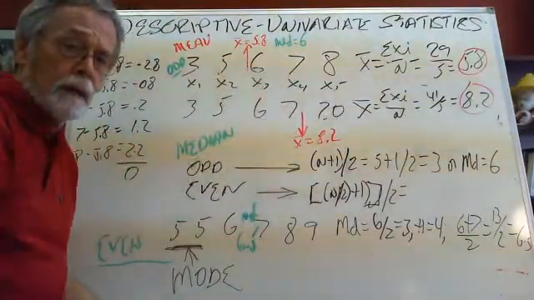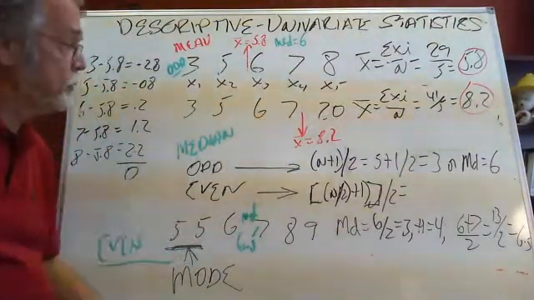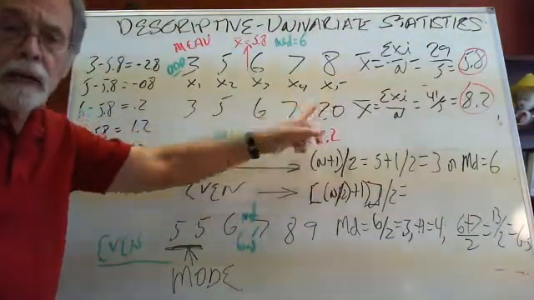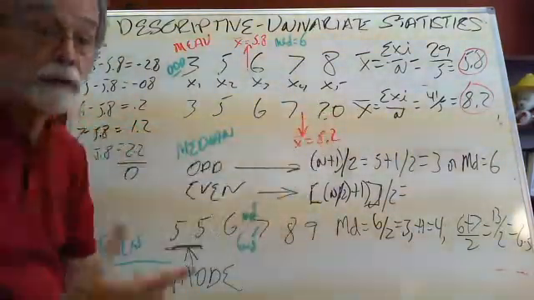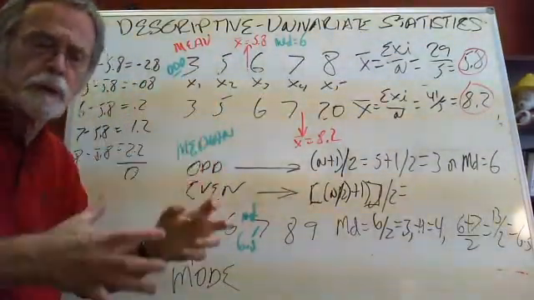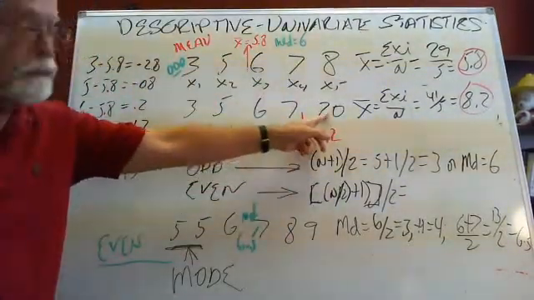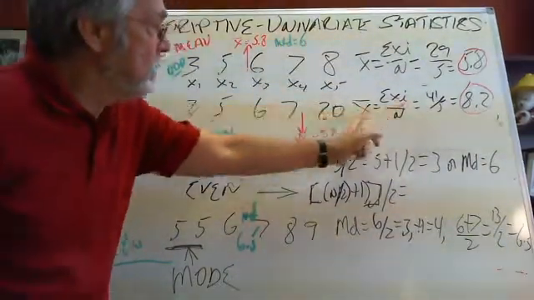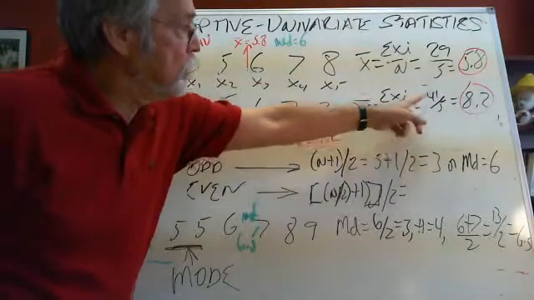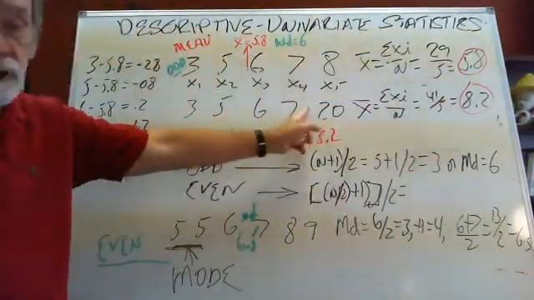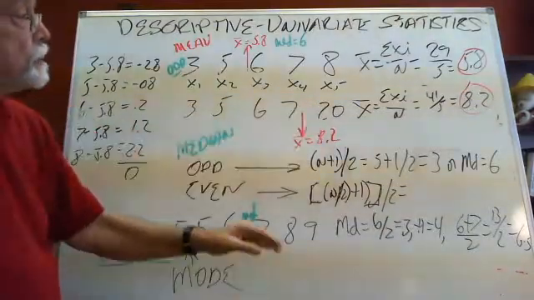Still the same number in the distribution of 5, but here we have what we would call an outlier, a value that's very much different than the values, shall we say, in the normal values distribution. When we add this up with the 20, we get xi, sum of xi over n, we get 41 over 5, we get a mean of 8.2. The mean is off here to the right.